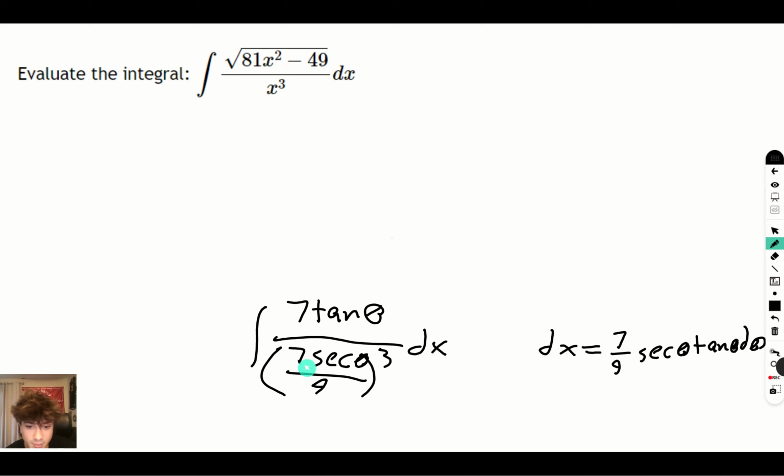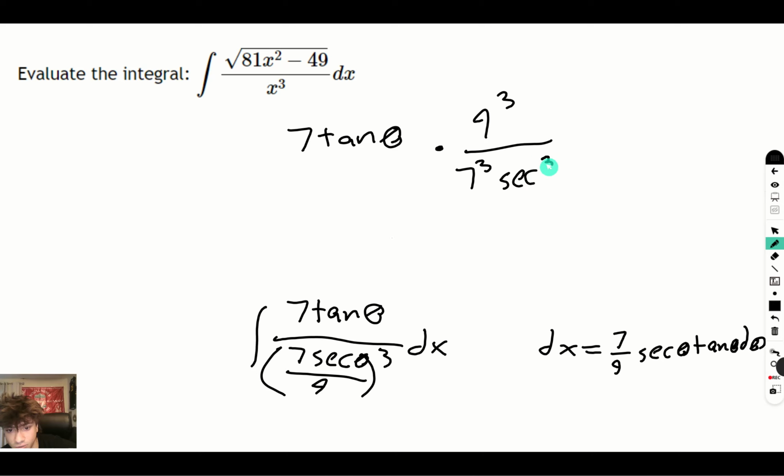Now we know that dividing by this is the same thing as multiplying by its reciprocal. So we'll have 7 tan theta divided by this, which is the same thing as 7 tan theta times 9 cubed over 7 cubed secant cubed theta.